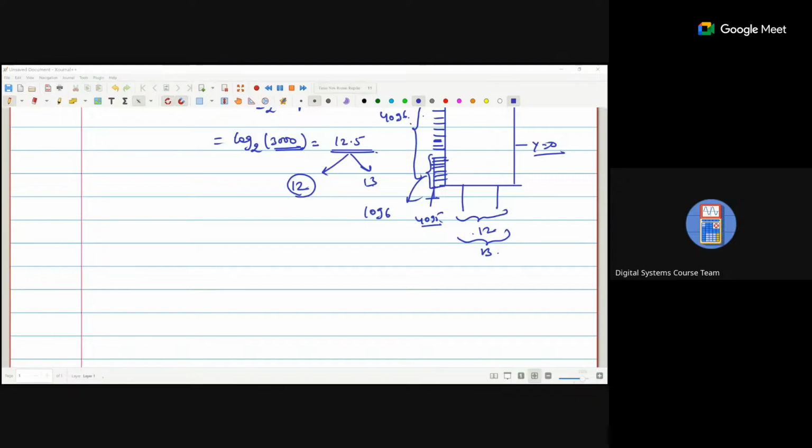Practice assignment 7, question number 1: the minimum number of input lines required to decode 496 outputs. We know that decoders are available as 2 cross 4, 3 cross 8, 4 cross 16, 5 cross 32, 6 cross 64, 7 cross 128, 8 cross 256, 9 cross 512.